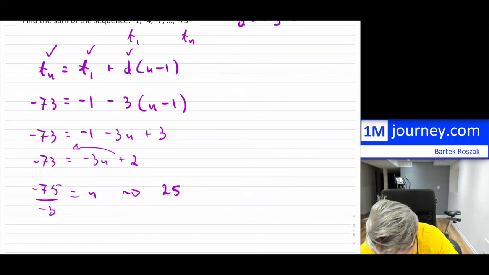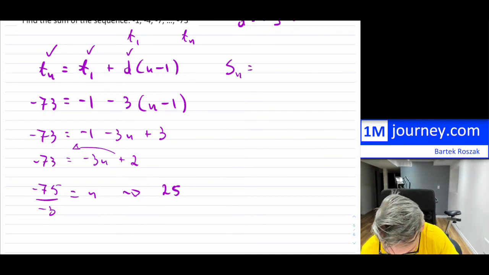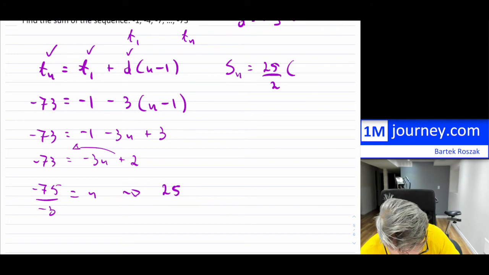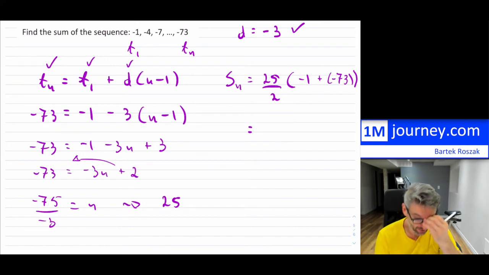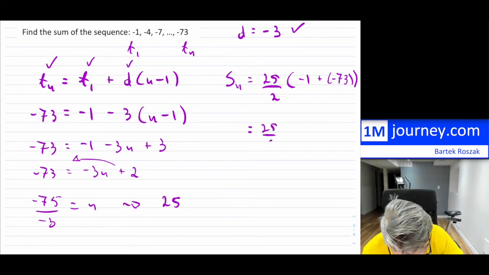So now we can find the sum. So Sn. Now, because I have the first and last term, I'll just use this formula. So T1 plus Tn. It's negative 1 plus negative 73. All right, and then we can find our sum. So 25 over 2, so it's going to be negative 74.